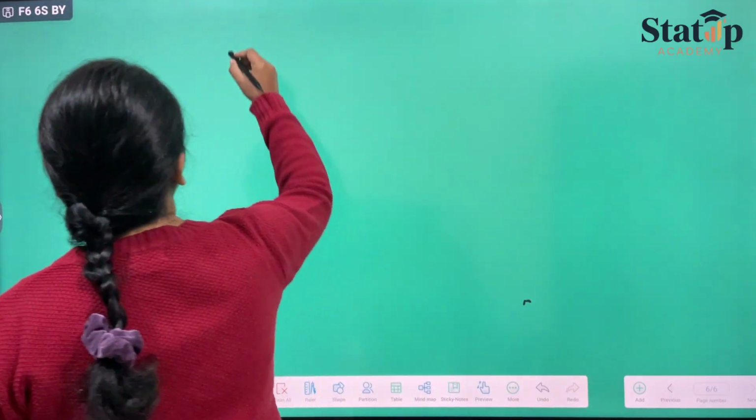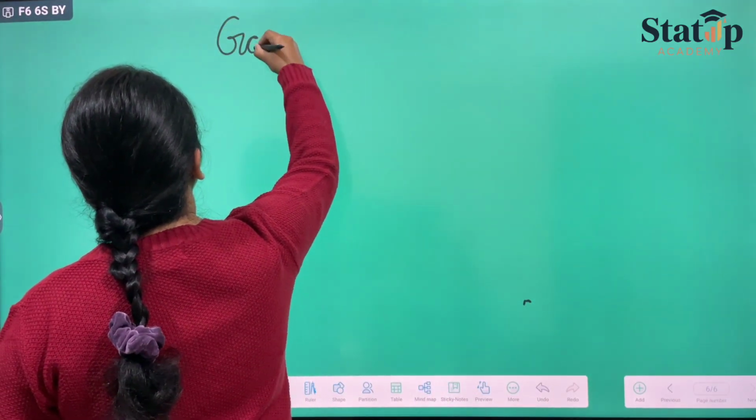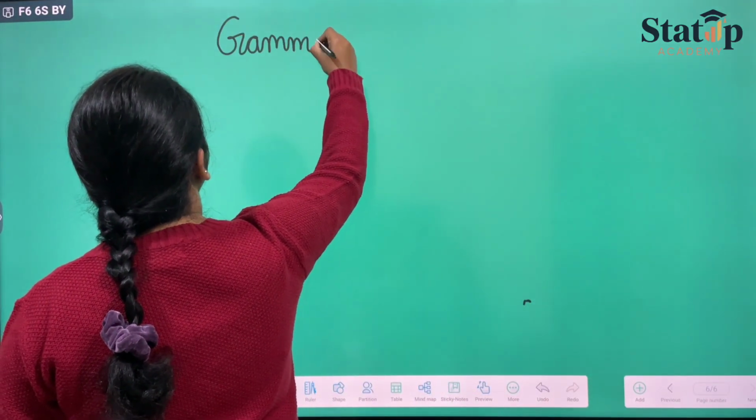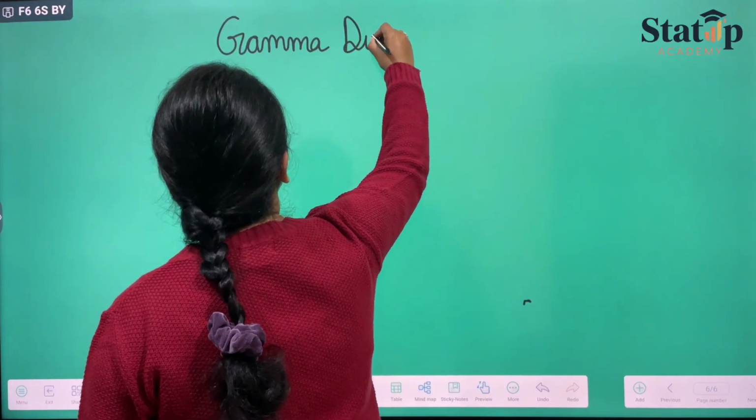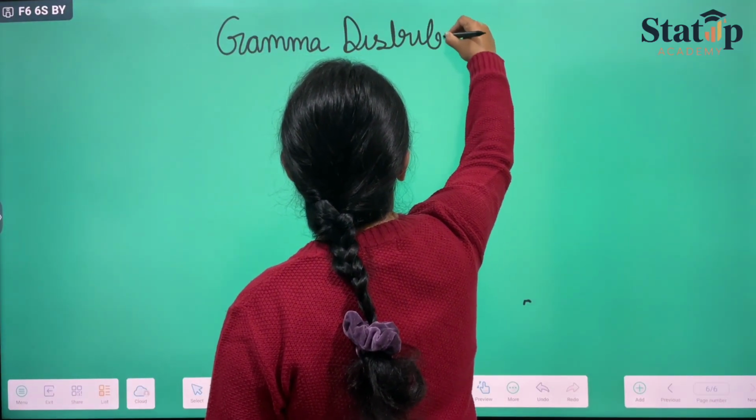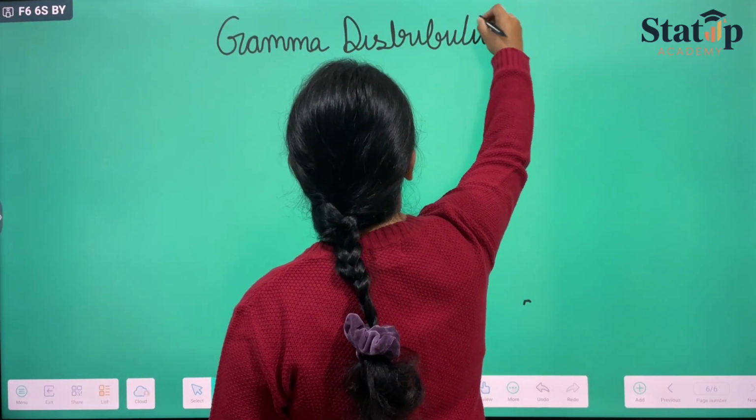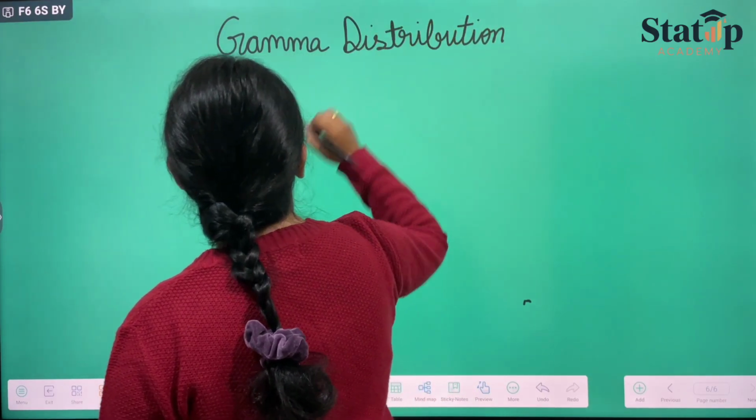In today's lecture, we'll be moving forward with continuous random variable distributions, and today's distribution will be the gamma distribution. We'll be discussing two kinds of gamma distribution, one with one parameter and the second with two parameters.